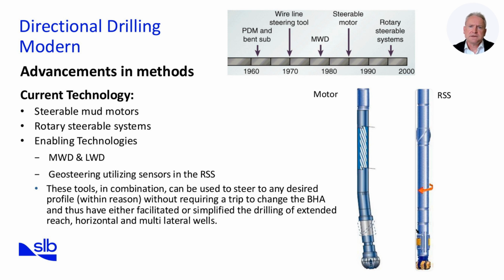Soon after, steerable motors were introduced, which improved control by allowing changes in trajectory without tripping the drill string. Finally, rotary steerable was introduced in the mid-90s. Initially unreliable, they quickly improved and delivered a step change in performance and its ability to access the flanks of reservoirs not possible with motors.